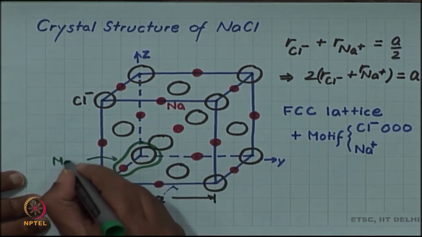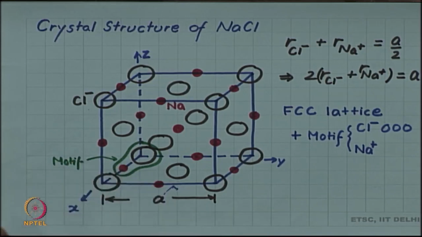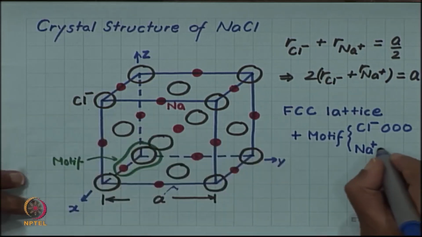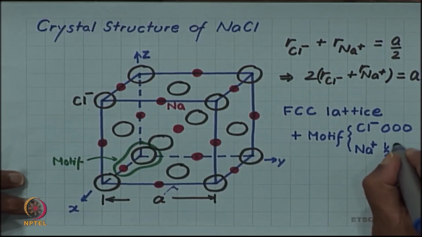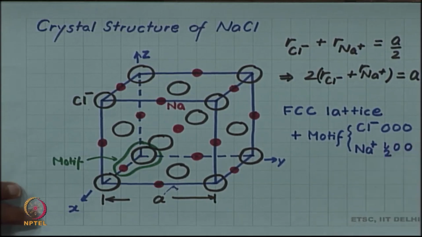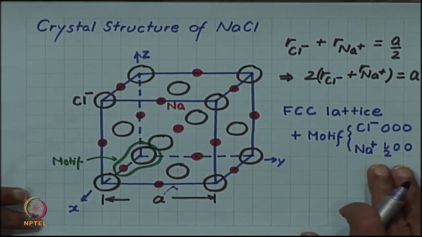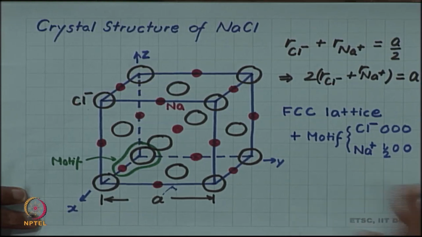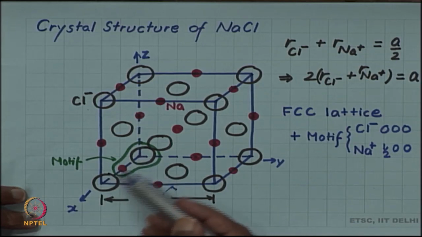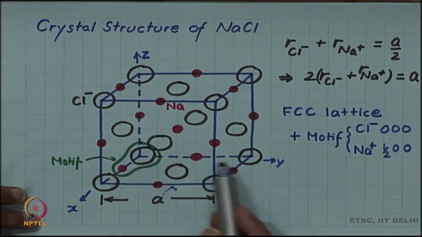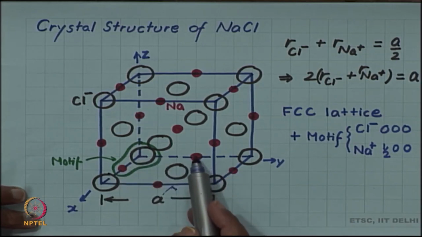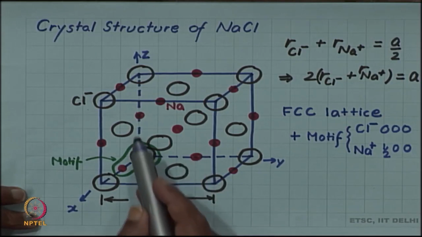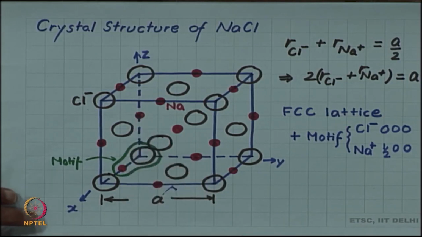So, this can be a possible motif. So, sodium ion you can then write as half 0 0, but sometimes it appears that the x axis neighbor is being given preference over other neighbors. There is a neighbor on the y axis also at the same distance, and the z axis also at the same distance.